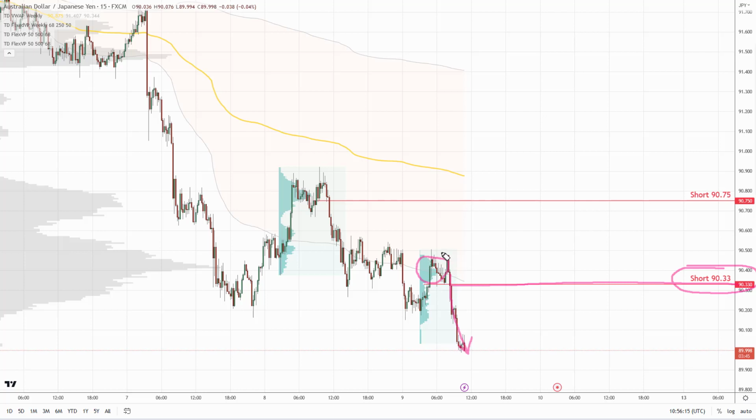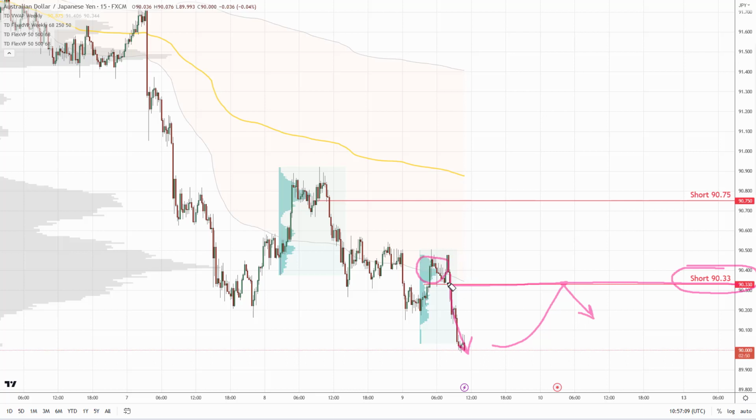This is telling us that sellers were active here, building up their short positions here, and then they pushed the price downwards. So this looks like a significant zone for strong sellers, and those sellers are likely to defend this zone when there is a pullback to it. So when the price makes it back to this level, I expect that there'll be a reaction. So that's the first reason why I like this level.